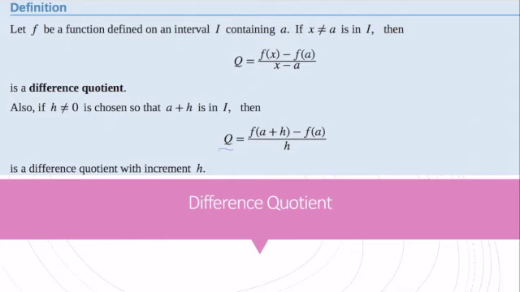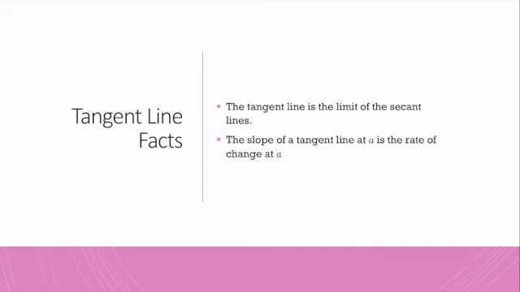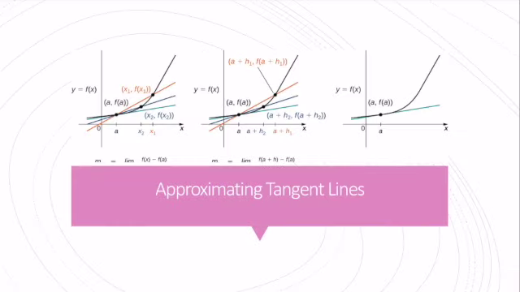And the slope of the tangent line at a is going to be the rate of change for the function at a, right? So we need to keep all of these lovely things in mind as we're approaching derivatives. So here's how we would go about approximating tangent lines, using our new definition where instead of x we have a plus h.